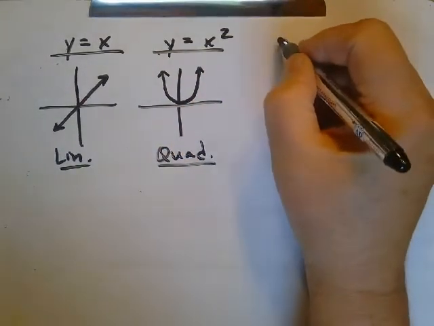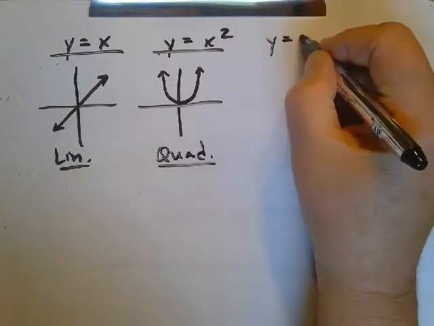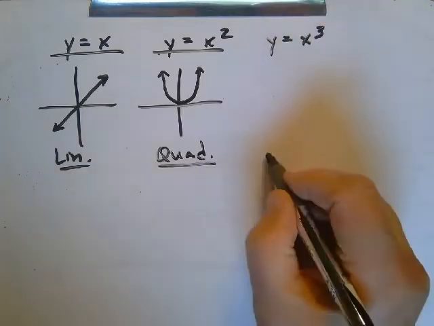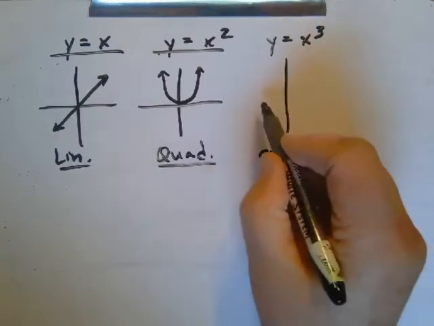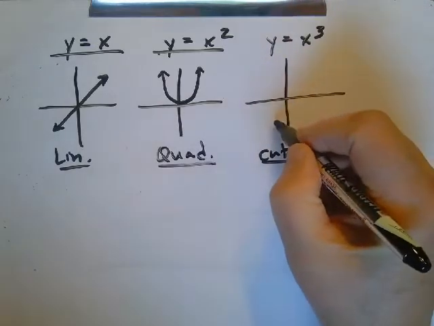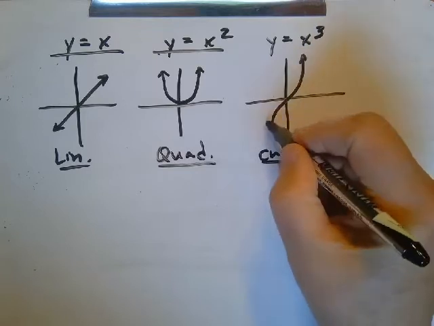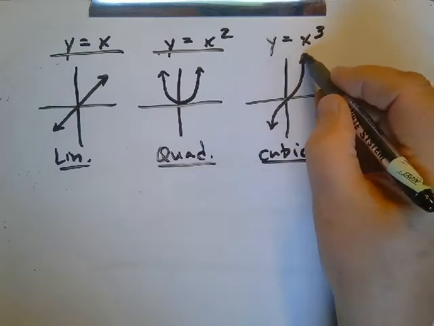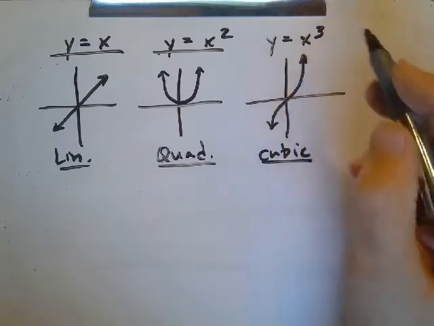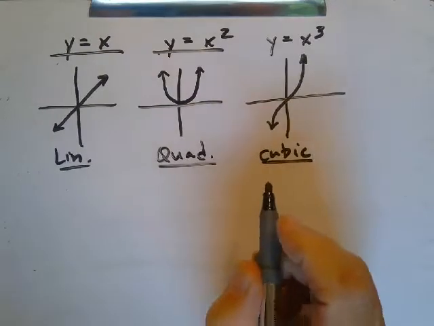But if we continue to make that exponent bigger and bigger, y equals x to the third, this is of course what's called a cubic function, and cubic functions look something like this. Now they may change quite a bit. They may dip down a little bit, but they basically have this little curve. We'll spend a lot of time on cubic functions.